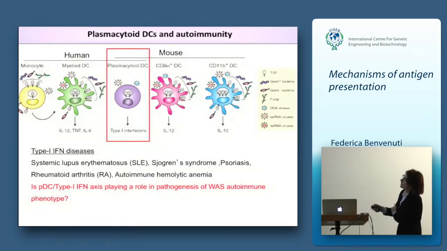I mentioned that DCs exist in many subsets. One important subset are plasmacytoid DCs, which are especially good in producing tons of type 1 interferon upon viral induction. So these type 1 interferons, which are obviously beneficial for a viral infection, can be detrimental in autoimmune diseases. And this has been proven in several so-called type 1 interferon diseases, like lupus, which is probably the most well characterized.